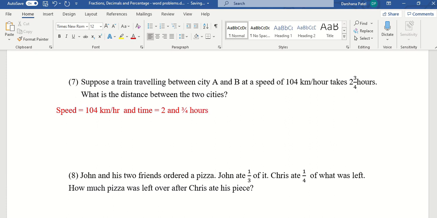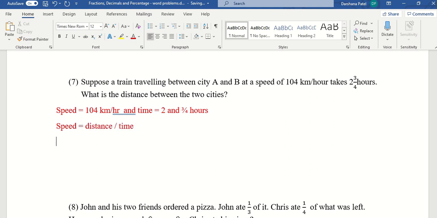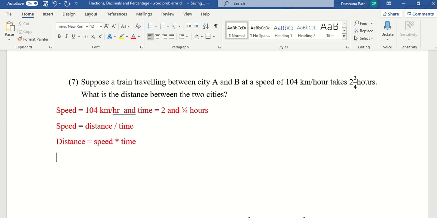We know speed is distance divided by time. So the distance between those two cities will be speed times time. So distance, small d, is speed, which is 104, times 2 3/4.